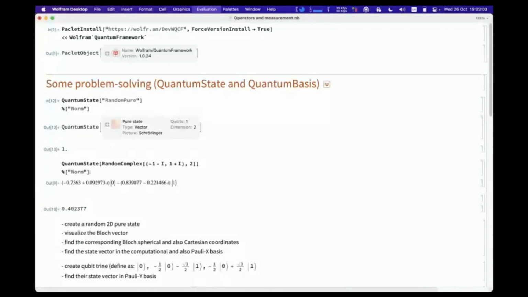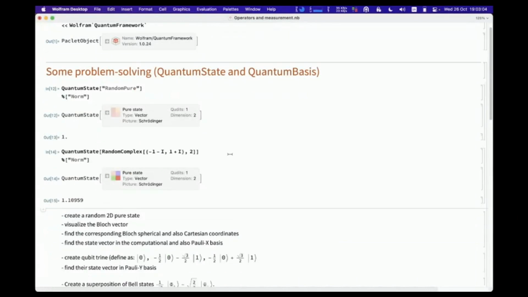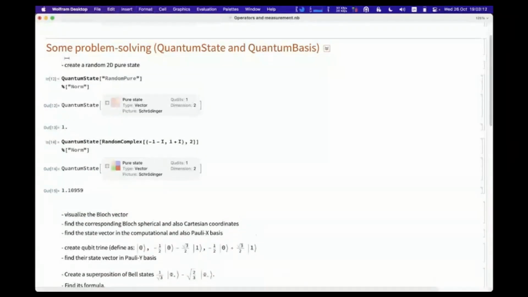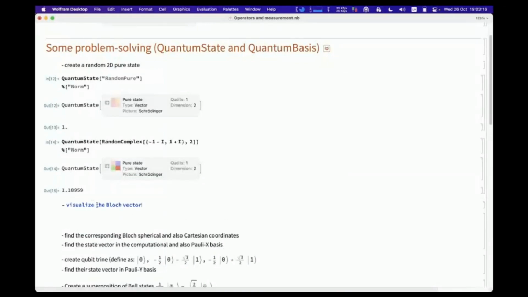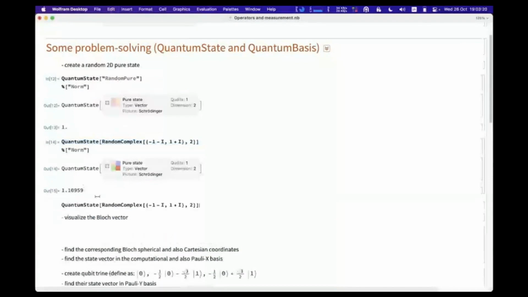So both ways you can create a pure state. The main benefit of using random pure is that you can easily generalize it to any dimension. You can easily go to 2, 3, increasing the number of states, whatever you want to do.